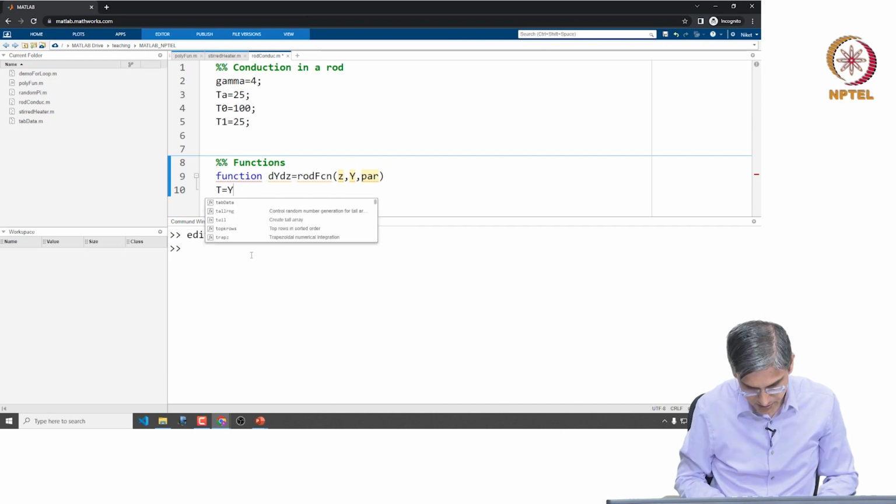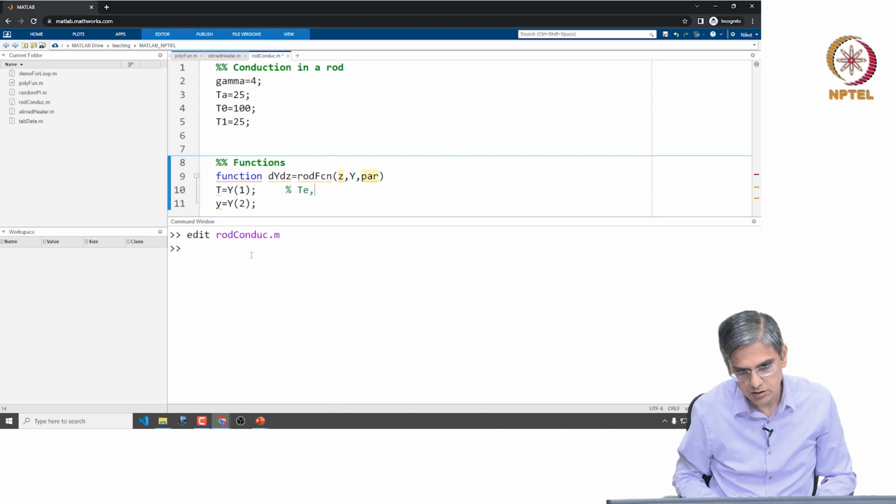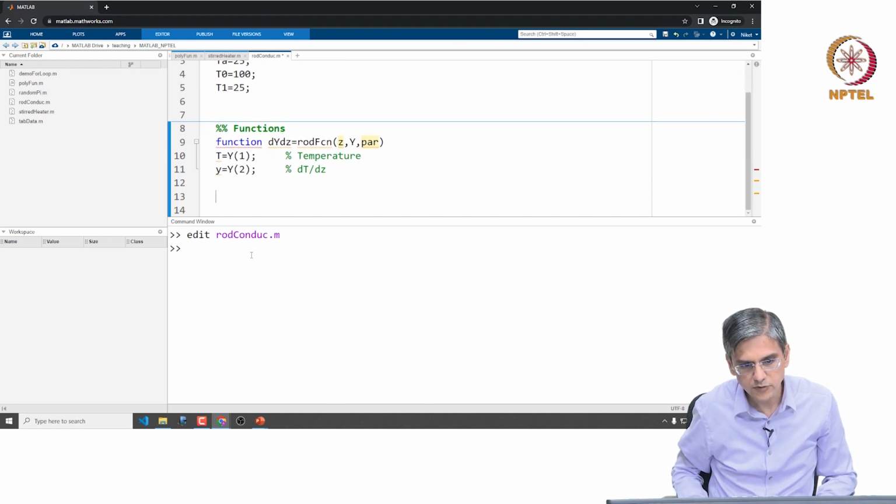Temperature T is y1, small y is capital Y2. So, what do we have?